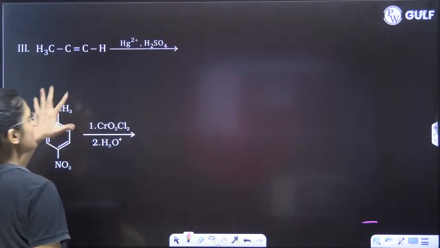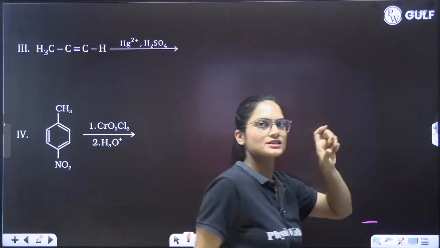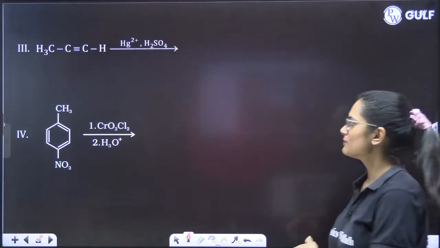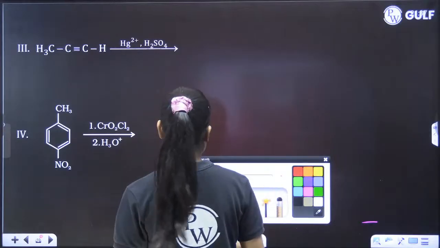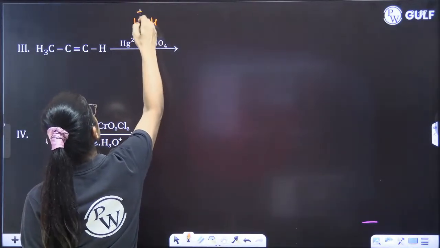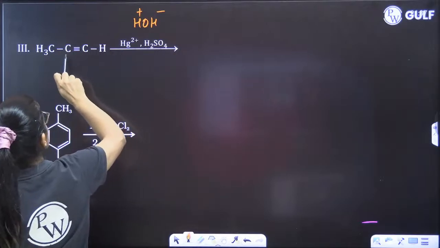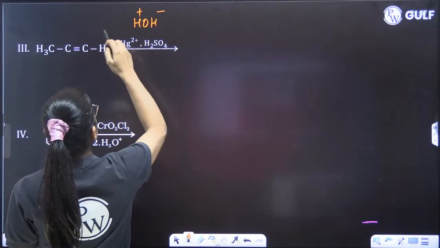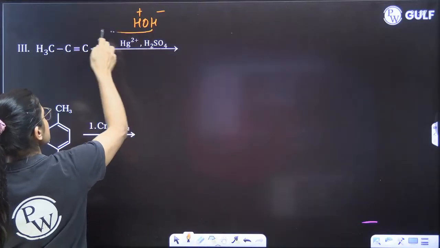So here we'll be carrying out hydration, right? This is acid catalyzed hydration of alkynes, and we will be carrying out the addition of water. Now this is your positive and this is the negative. This has one hydrogen, this has zero. So the negative part will go to the carbon which has fewer hydrogen atoms.